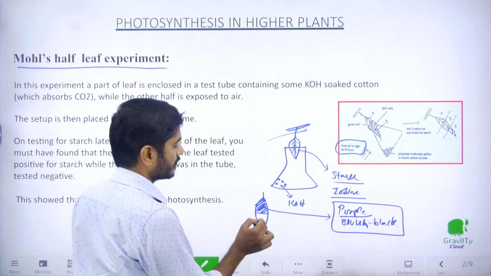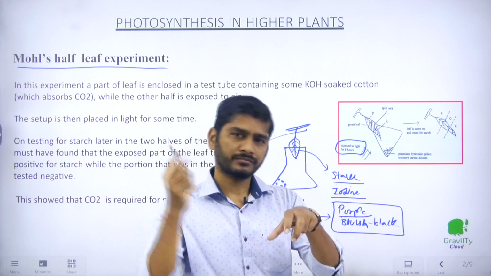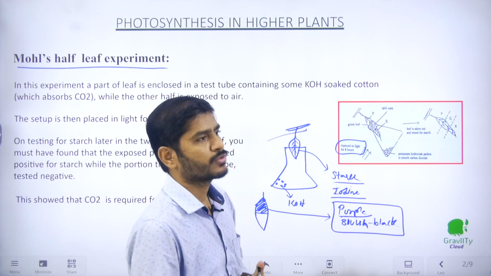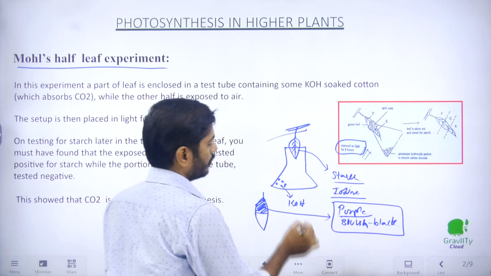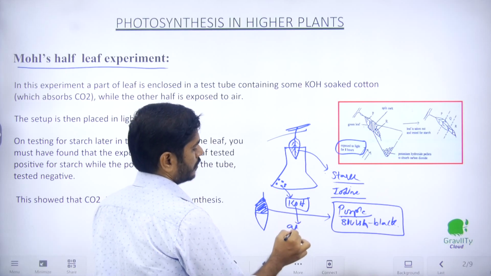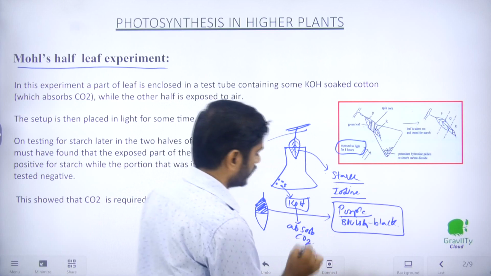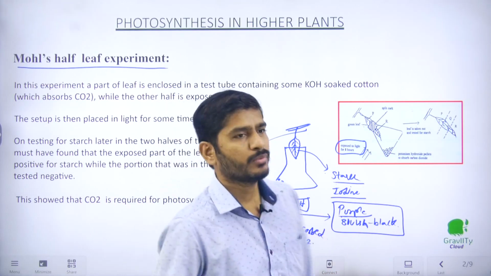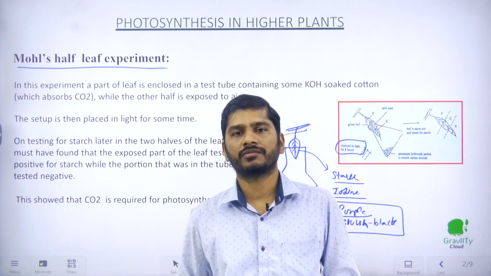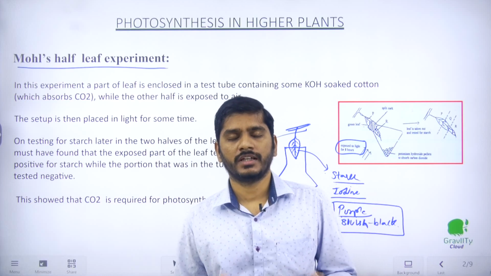Because this other part is inside the conical flask, and even though light is incident on it, it does not produce any starch, because the KOH present there absorbed the CO2. CO2 is one of the chief components for the production of carbohydrates, nothing but starch. So it is not produced.